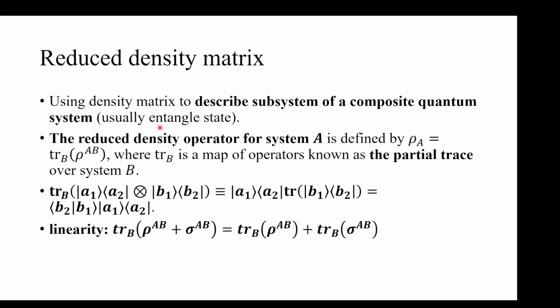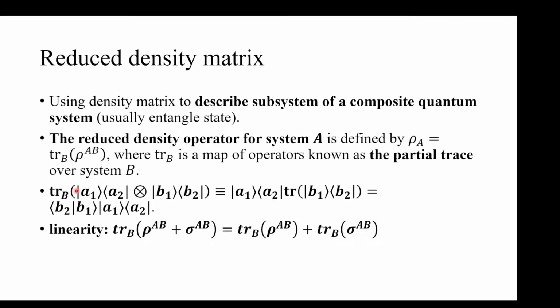Okay, so if you have an entangled set of two systems A and B, then we can talk about the reduced density operator on system A. And this is everything you can learn from just acting on system A of this entangled quantum state. This rho A is calculated by rho A equals trace_B of rho_AB, where trace_B means partial trace, and it is defined this way.